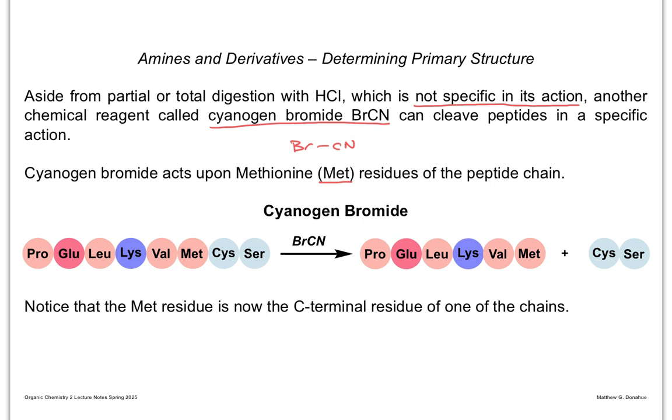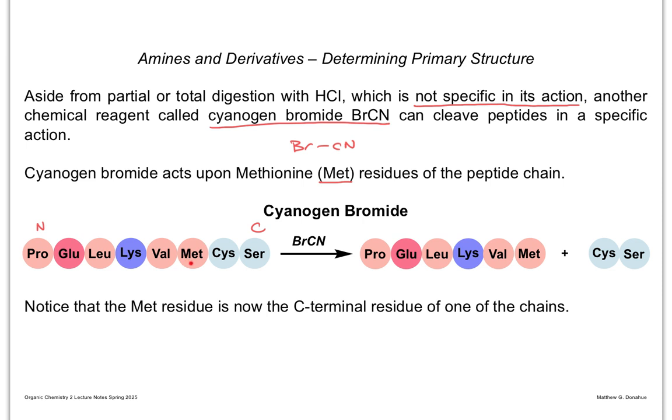So here we have this chain, reading again from the N to the C terminus. That's the sequence. And then you can see the different colors representing the four classes: nonpolar, polar, acidic, and basic. When you treat that peptide with cyanogen bromide, you say you're reading left to right.